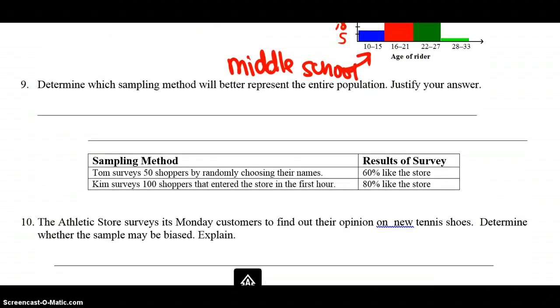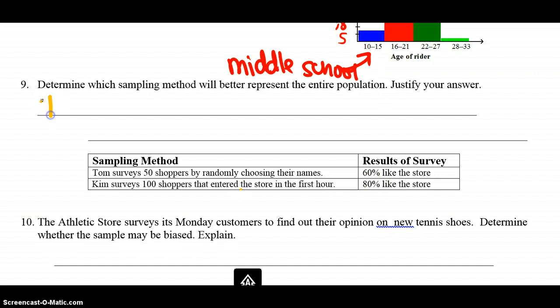Next one, determine which sampling method below will better represent the entire population. Justify my answer. One of these is going to be a random sample. The other is going to be a convenient sample. What is convenient for the researcher or the surveyor? My sampling method is Tom surveys 50 shoppers by randomly choosing their names. 60% like the store. The other one is Kim surveys 100 shoppers that entered the store in the first hour, and 80% of them like the store.